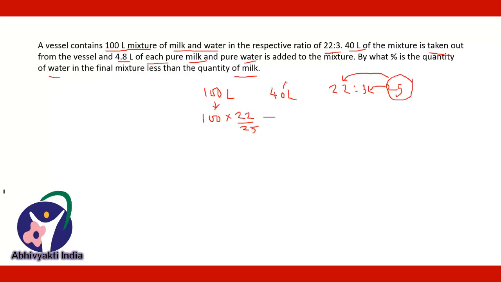In 40 liters again 22 parts are milk and 3 parts are water, and therefore 40 into 22/25, this much milk will get removed, plus what has happened? 4.8 liters of milk is added to it, so plus 4.8. So this much milk will remain in the mixture after removing 40 liters of mixture. If you solve this, you get 57.6 liters.